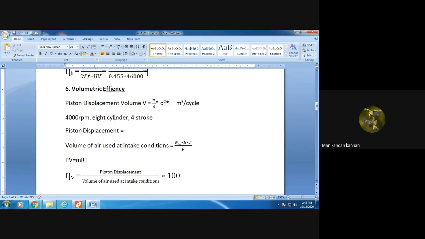Piston displacement volume, that in an IC engine you might have studied as swept volume, Vs. I can use Vs or swept volume.